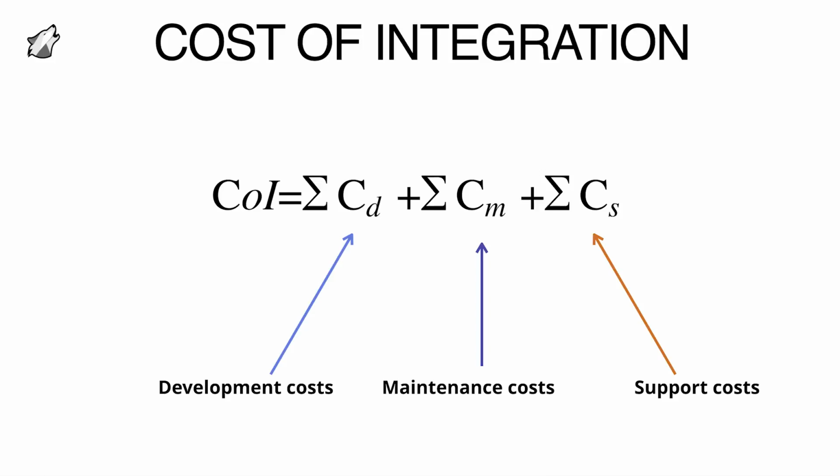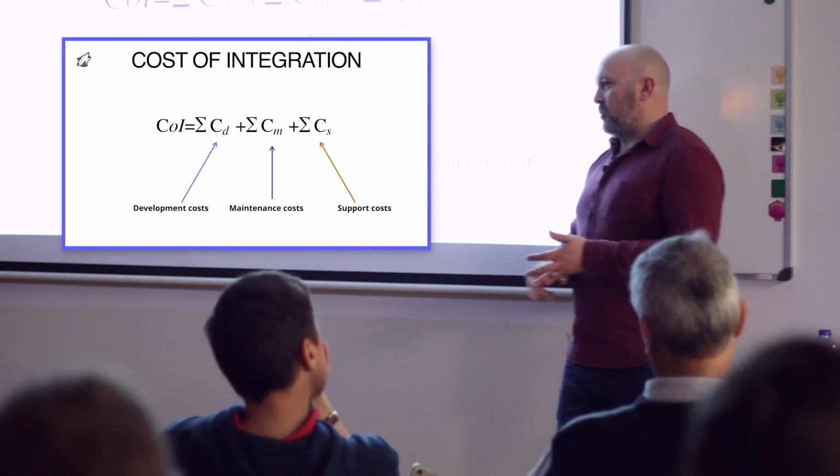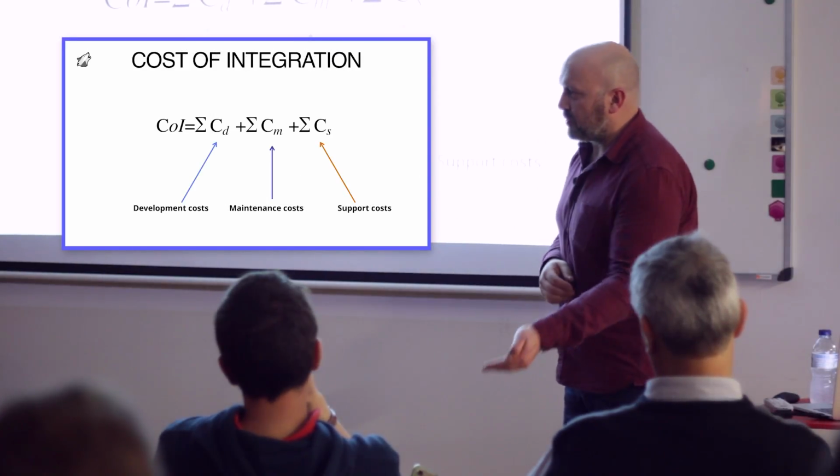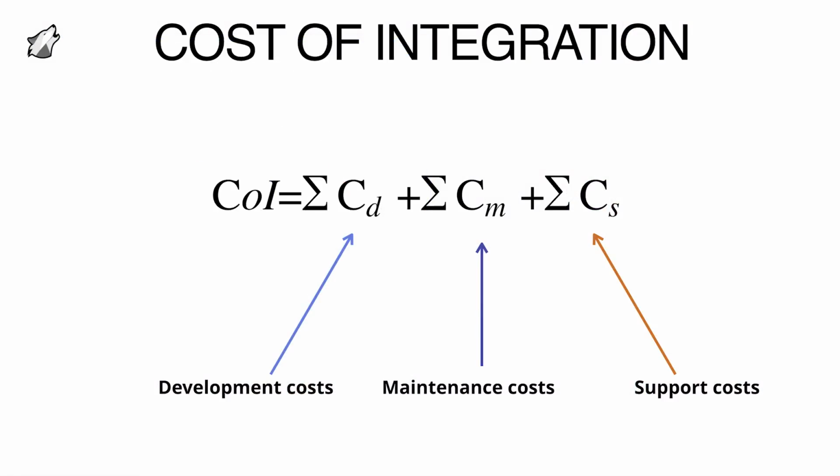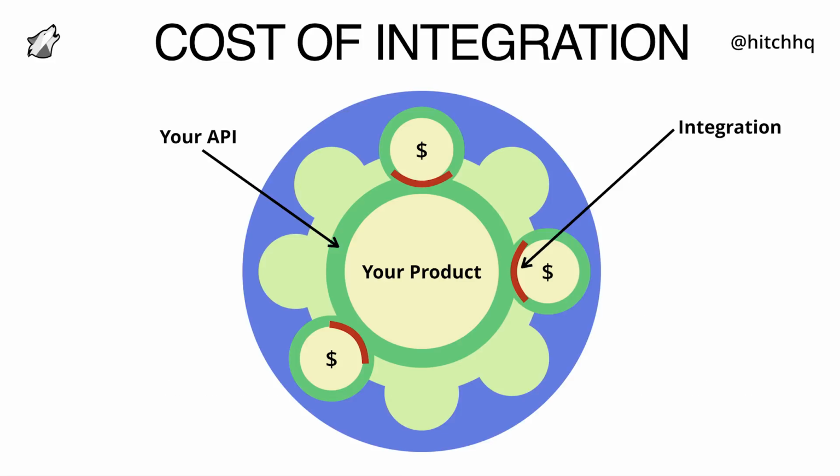So you're talking about a sum of all the development costs. So if you don't have an API, obviously you need to develop the API in order to build the integration. So you need to add the costs of developing the API. If you already have an API, but you need a specific feature, you need to add the cost of developing that feature. And then all the maintenance costs, meaning all the costs of keeping the API up and running over time, and all the support costs, all the costs of supporting these new users that you will suddenly have.